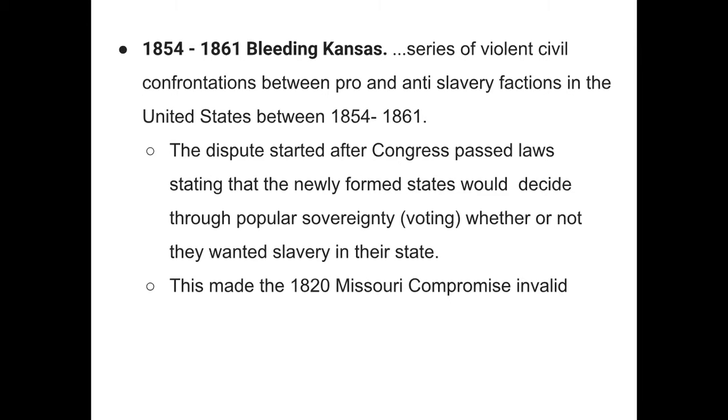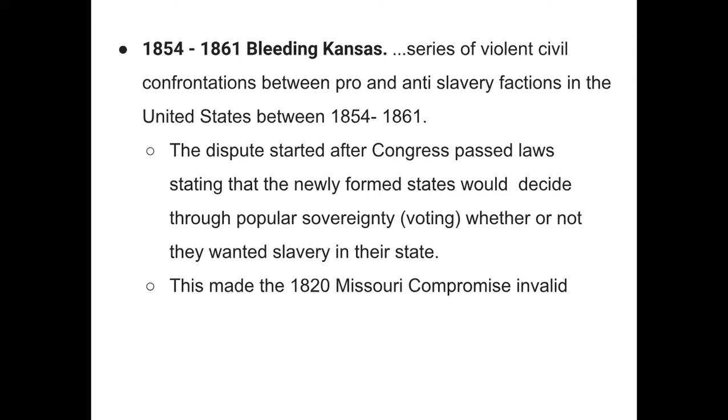Well, these are territories, and from 1854 until 1861, when these territories will become states, there is an effort of people moving in trying to sway. You had the pro-slavery group move to one part of Kansas. The anti-slavery group moved to another part of Kansas.